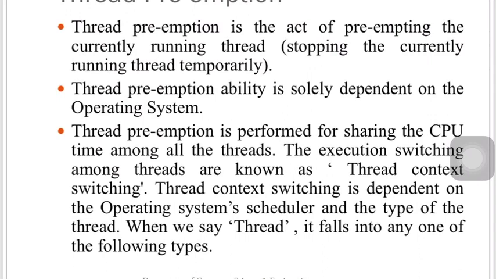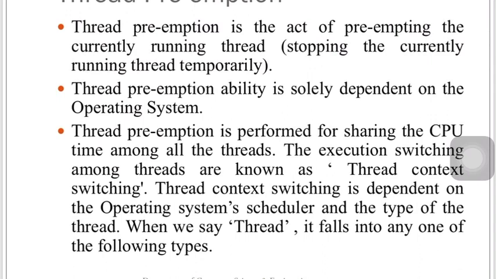Thread context switching is dependent on the operating system scheduler and the type of threads. Context switching means we are switching from one thread to another. We give the CPU time to one thread, and while it is using the CPU, another thread is performing some other operation. This is done by the scheduler.